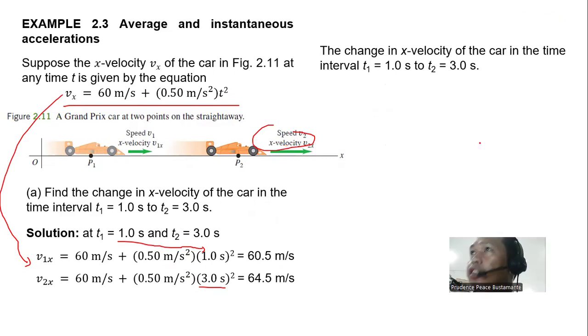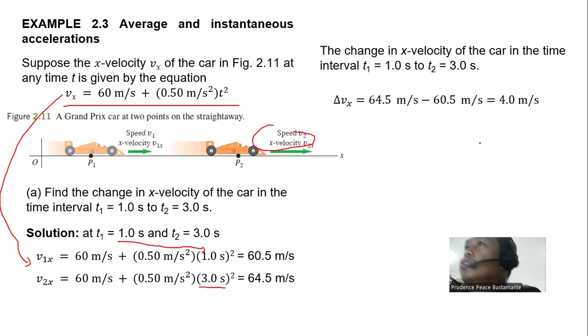If you want to find the change in x velocity of the car in the time interval t1 equal to 1.0 seconds to t2 equal to 3.0 seconds, the change of velocity is v2x minus v1x. So we have 4 meters per second.